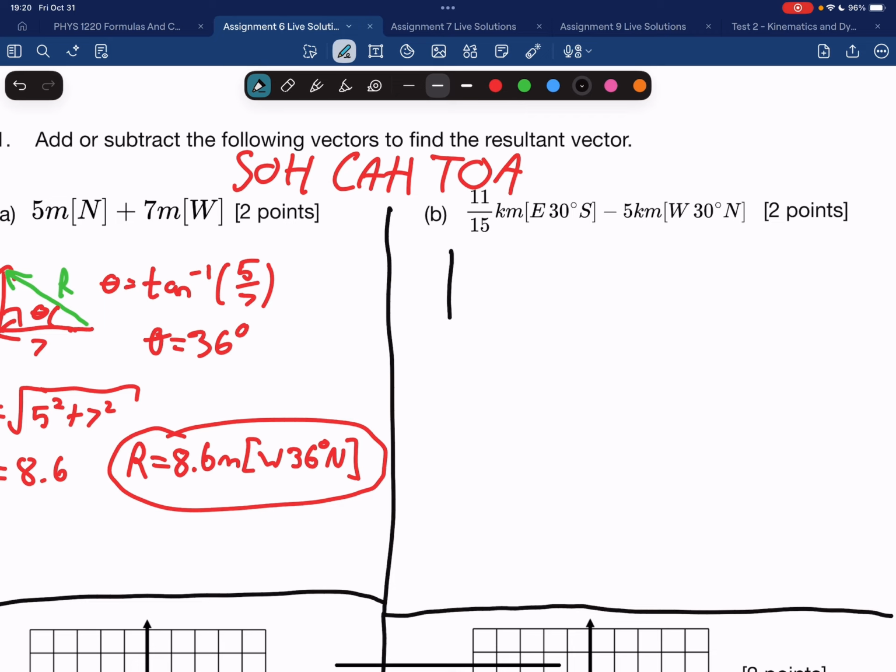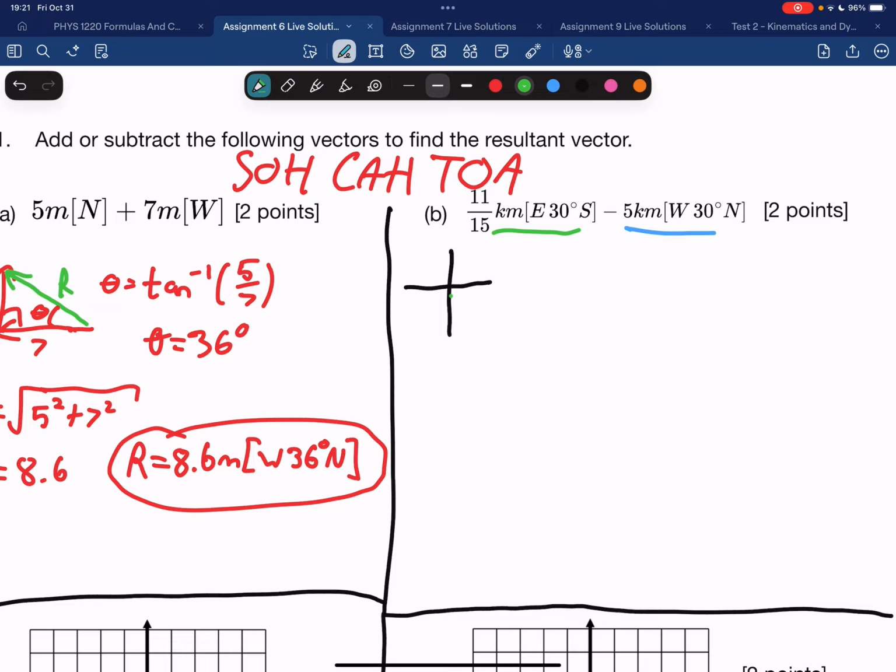First, I'm going to draw a short little graph of this. I'm going to draw this first one here in green, and I'll draw this one over here in blue later. So green one first. I have 11 over 15, so a little bit less than 1 kilometers east, 30 degrees south.